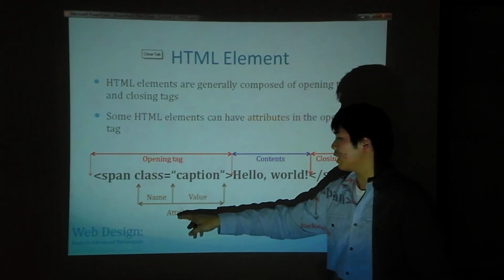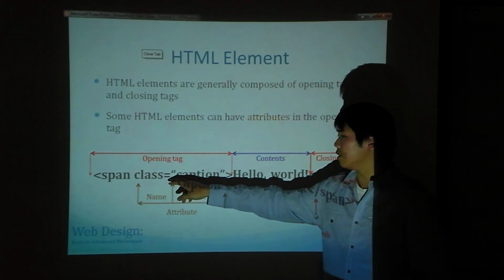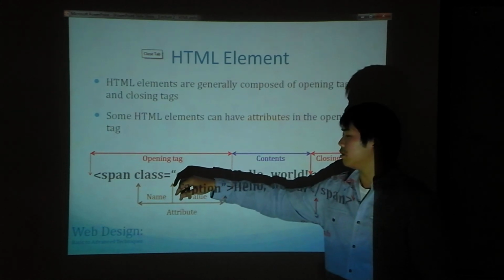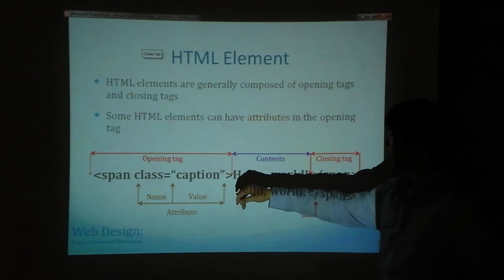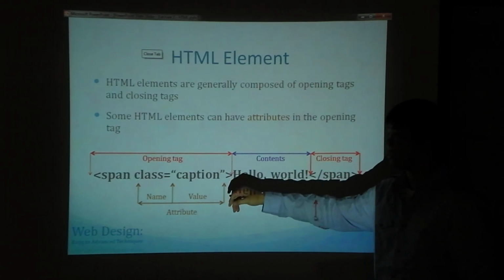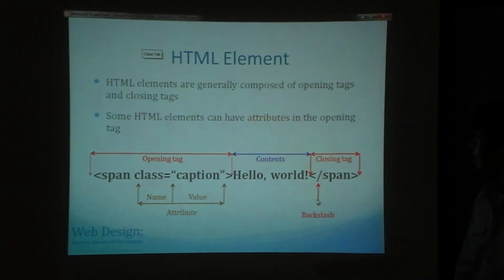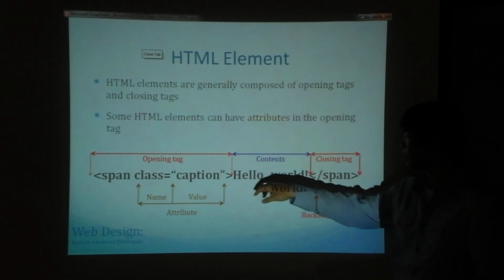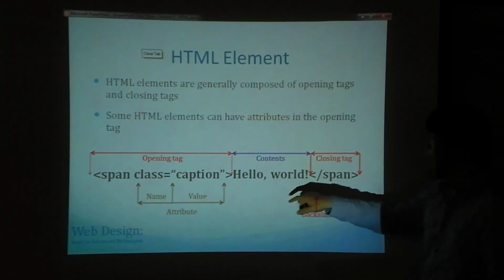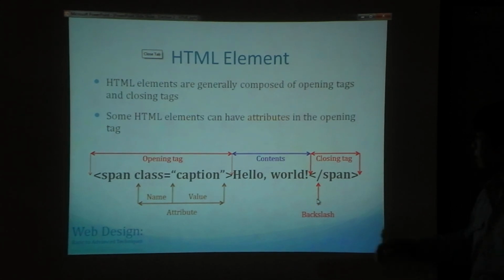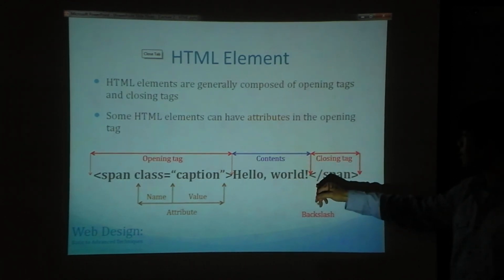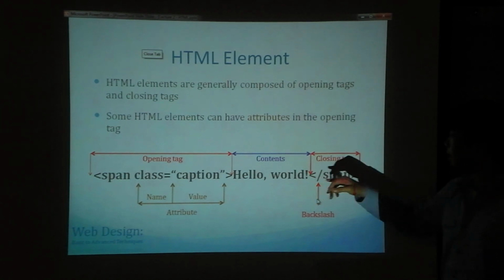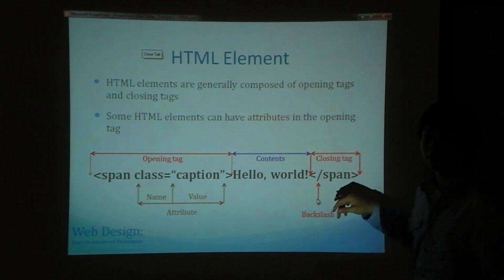In this case, we have an attribute called class, and you put an equal sign, and then to specify the class, you put a value in quotations. In this case, we call the class of this HTML element a caption. And so here we close the tag, and we have contents within the tag. After we're finished typing up the contents of that tag, we have to close it with basically the same as the beginning tag, but with a forward slash, and without any attributes.